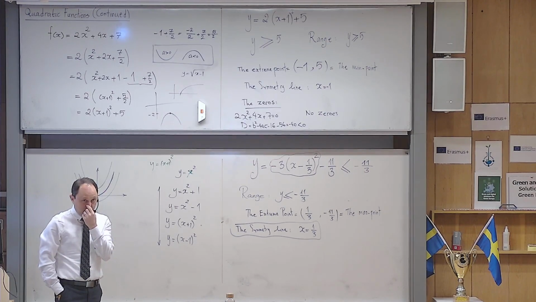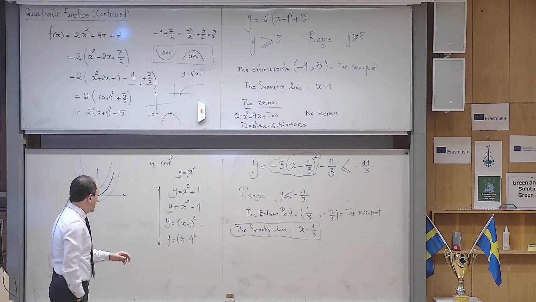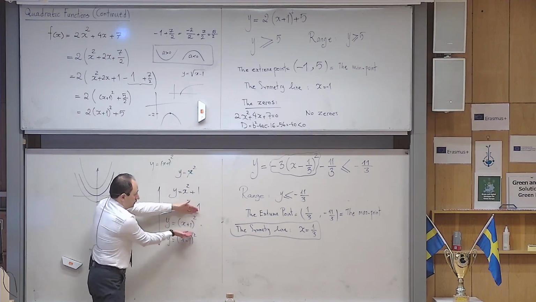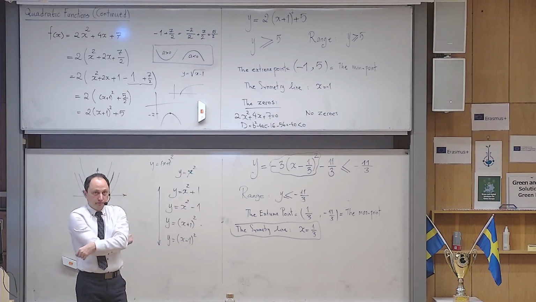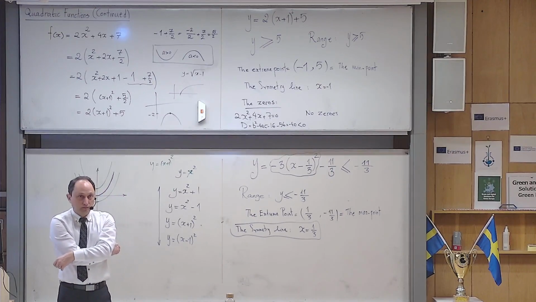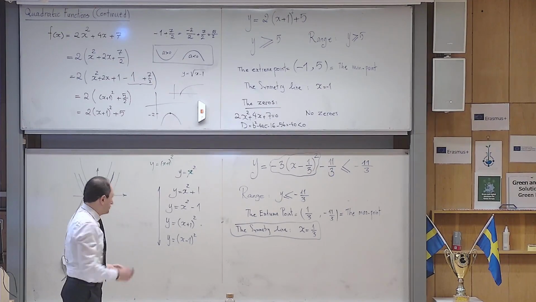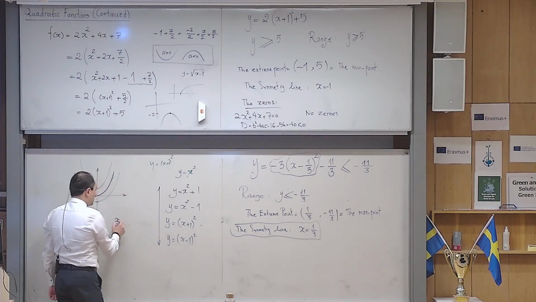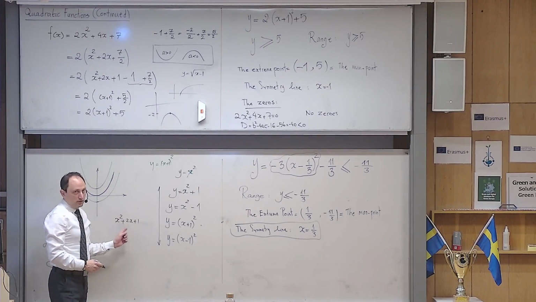Why up then? Because at the end it's plus 1. No, I'm talking about this one only. So x squared plus 2x plus 1, the plus 1. No, I understand what you are saying. You are just raising it to power 2. You see, this is not easy at all.